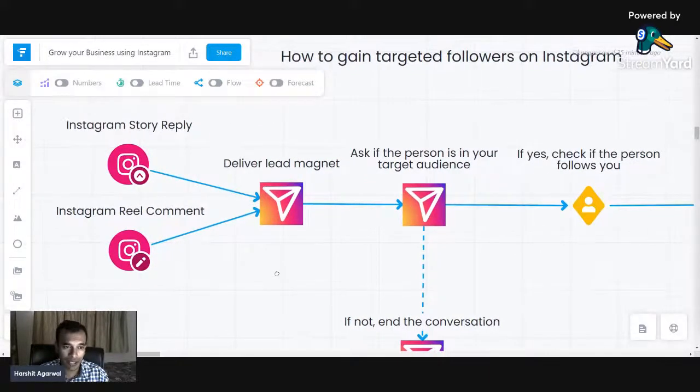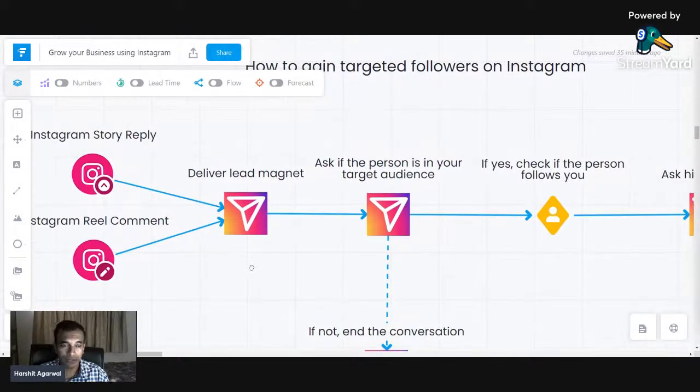So you can keep delivering the reels, and you can ask people to comment with a particular keyword. And when people reply with this keyword, you can trigger an automation using a tool like ManyChat.